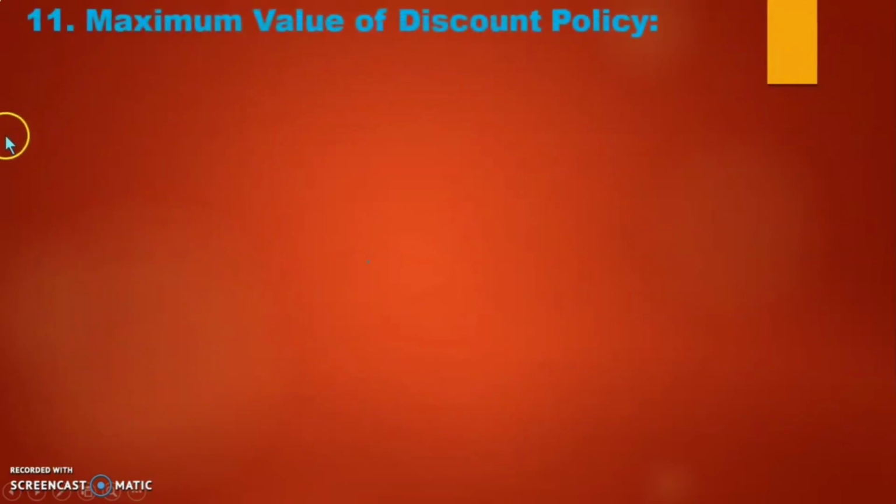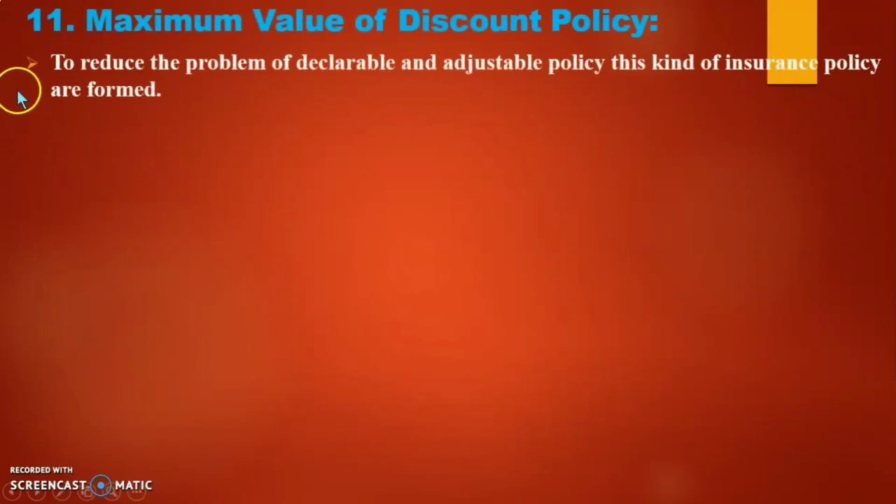Number 11, maximum value of discount policy. To reduce the problems of declaration and adjustable policies, this kind of insurance policy is formed.